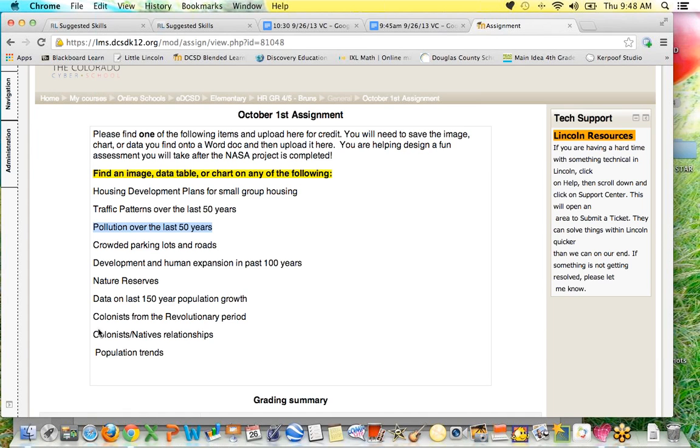Or maybe you want to look at some pictures of the colonists during the Revolutionary period. Or maybe you want to look at traffic patterns or crowded parking lots, pictures of that. Or maybe you want to find some data on the traffic patterns and how they've increased over the last 50 years. All you have to do is just find one.